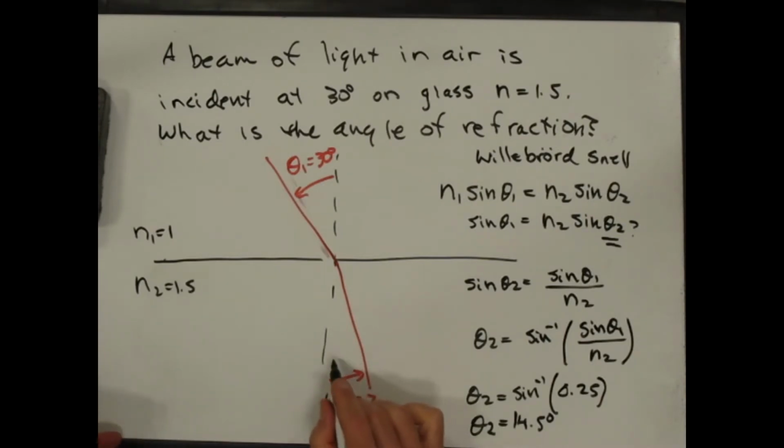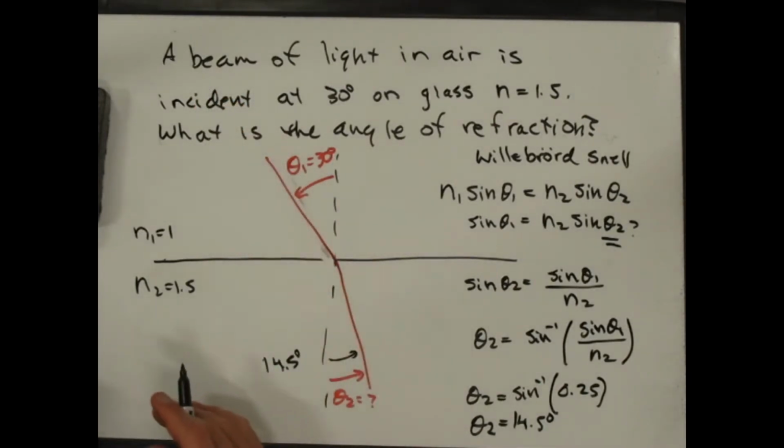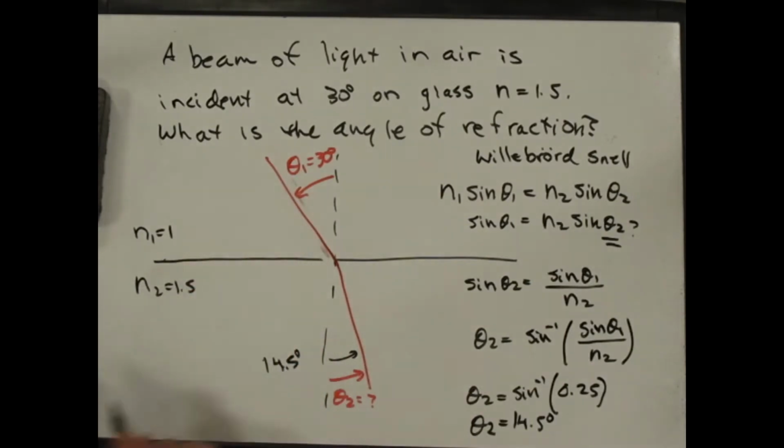And it's consistent with what I see. The angle is bent towards the perpendicular when it's going from a lower index of refraction to a higher index of refraction. And that's Snell's law. In France, they called it Descartes' law because René Descartes figured it out sometime around the same time as Mr. Snell did.